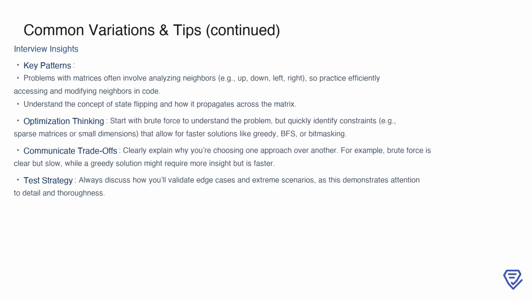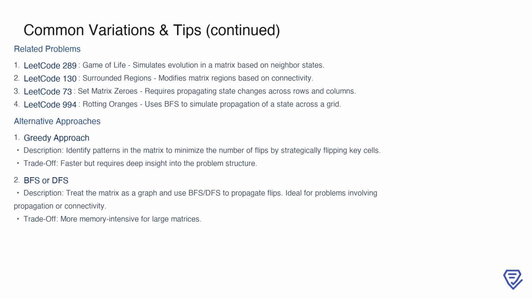Lastly, always highlight your testing strategy. Describe how you would validate edge cases and extreme scenarios to show thoroughness and attention to detail. To broaden your understanding, it's helpful to explore related problems. For instance, LeetCode 289, The Game of Life, involves simulating matrix evolution based on neighbor states, which is conceptually similar to this problem.